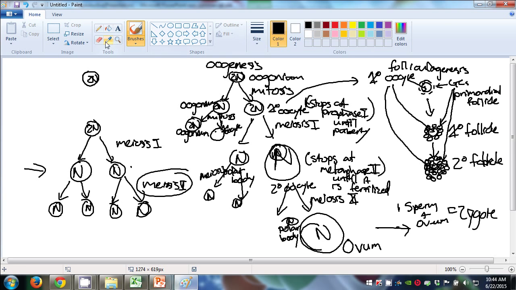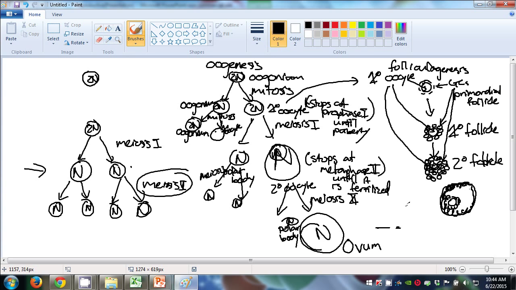Let me erase some of this stuff on the bottom here. So it could potentially look like what we just drew over there, or it could look like something like this, where we have a cell, some granulosa cells around here, and start to develop an antrum.